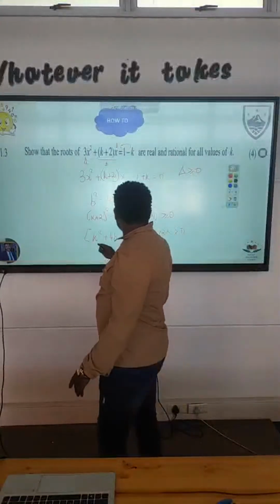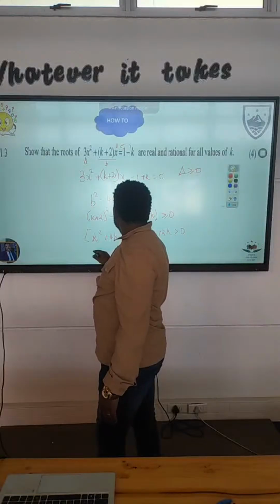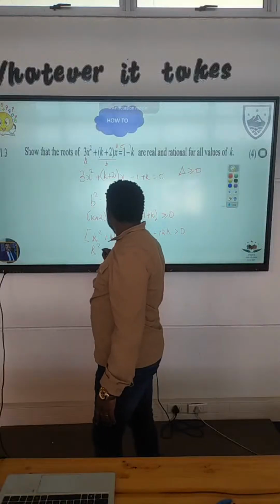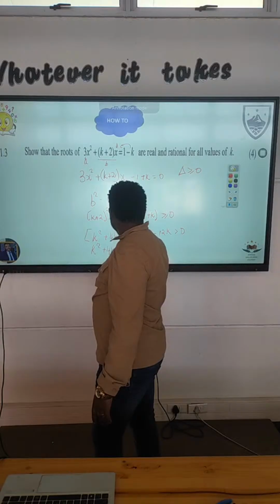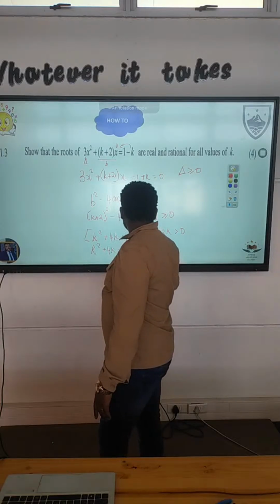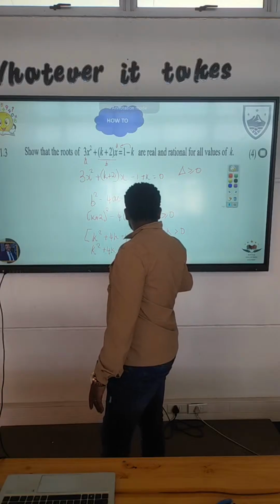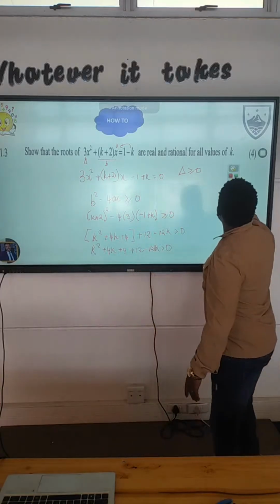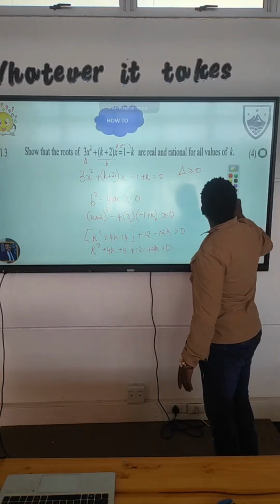So we're going to simplify it with the bracket. I'm going to have k squared plus 4k plus 4 plus 12 minus 12k must be greater than or equal to 0. For further simplification, let me just draw a line on the side.